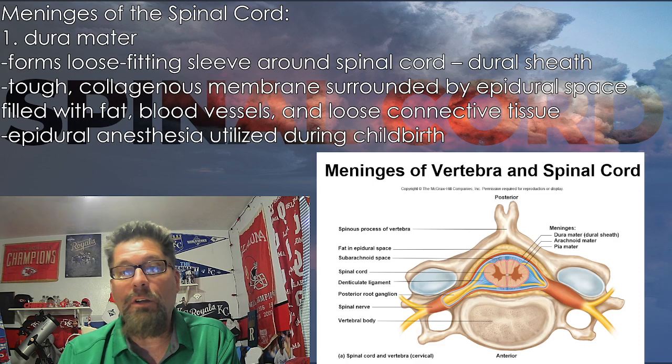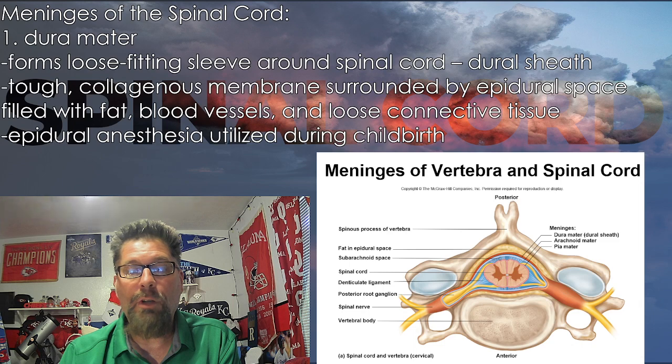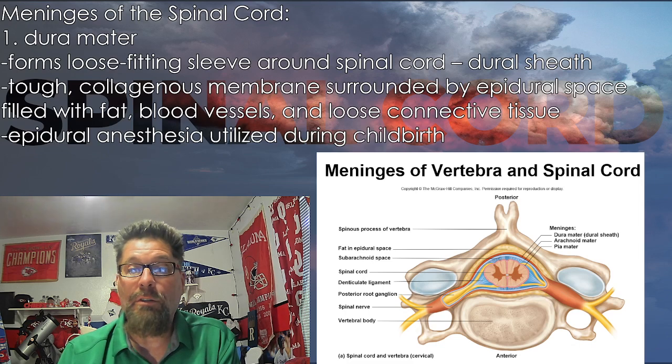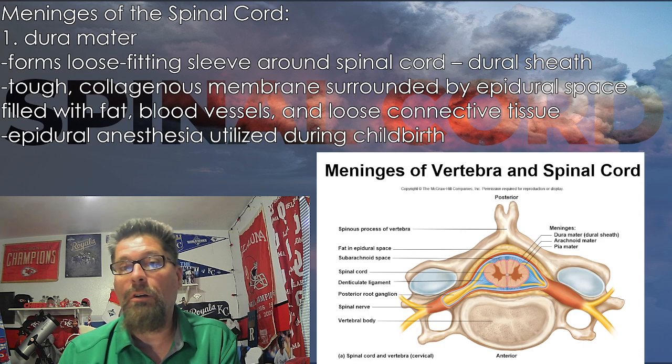The yellow area is kind of a fat area, epidural fat, and that is the place where, during childbirth, if a person receives an epidural shot, it's in that section that the epidural is applied. Of course that numbs the spinal cord, which numbs the sending of pain messages up and down the spinal cord, which is one of the ways it is used, obviously, as we all know, to help alleviate the pain during childbirth.